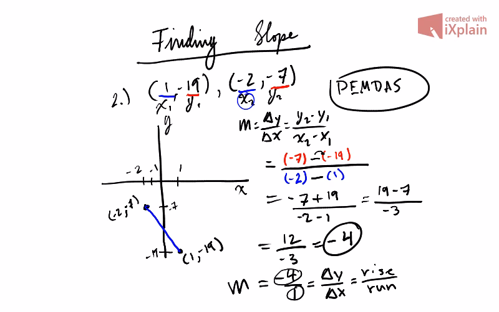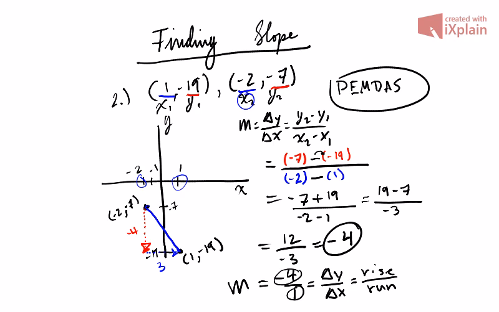So we said y was red, so I'm going to go down 4 units. Okay? And then I'm going to go right 1. In this case, I went over from -2 to 1, which is a total of 3 points.